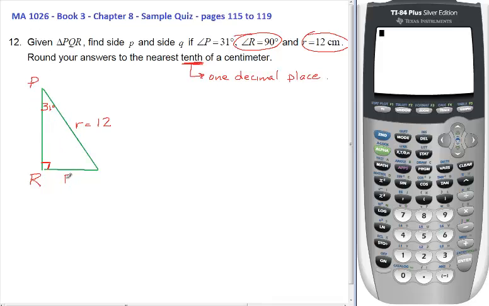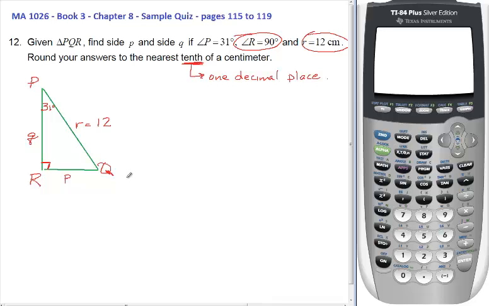So this is little p. This only leaves one angle left, and it's Q, right? Because it's a triangle PQR. So that's Q, meaning this side over here is referred to as lowercase q. Always opposite the angle. Okay, so this is lowercase q.